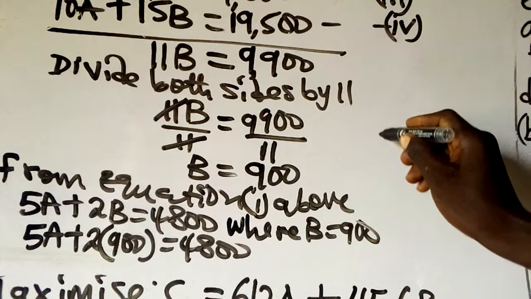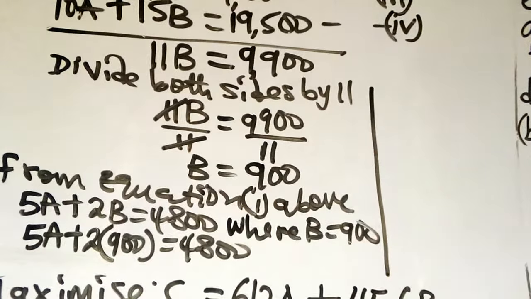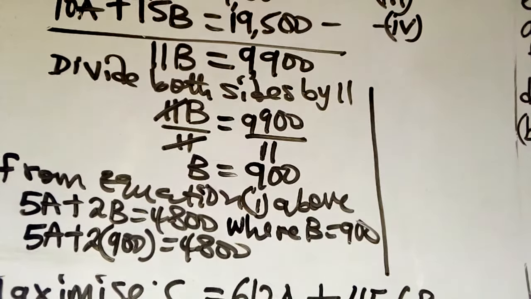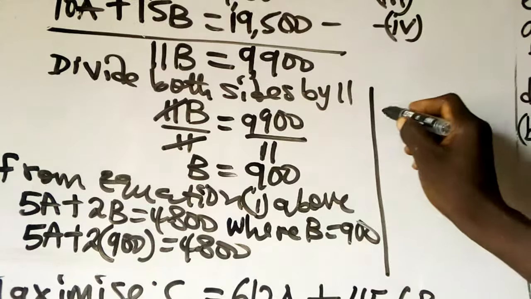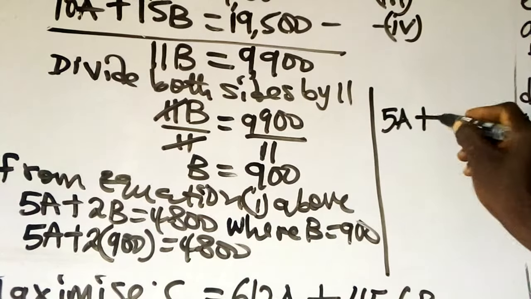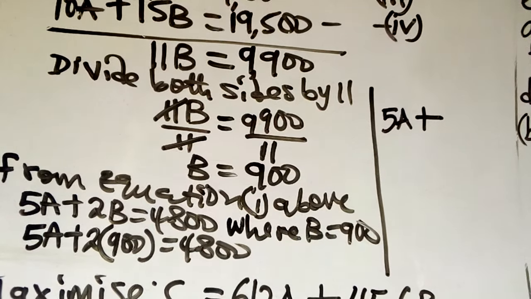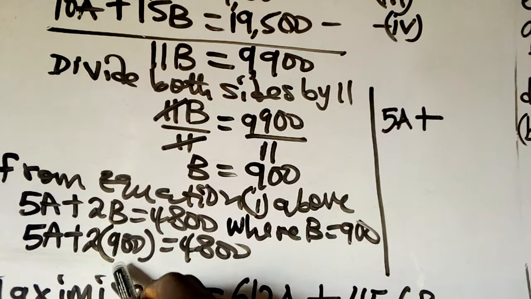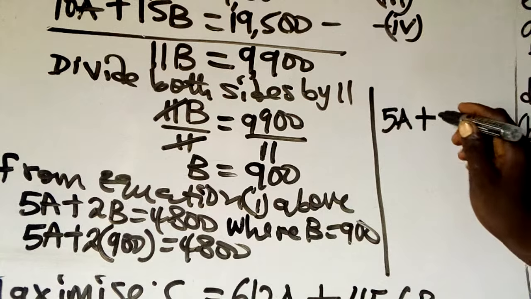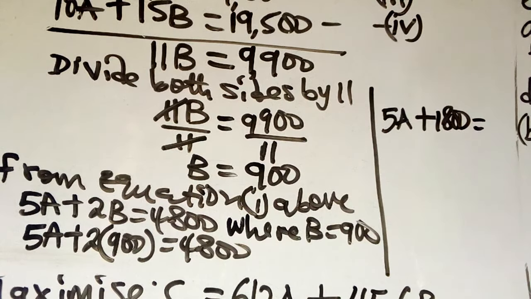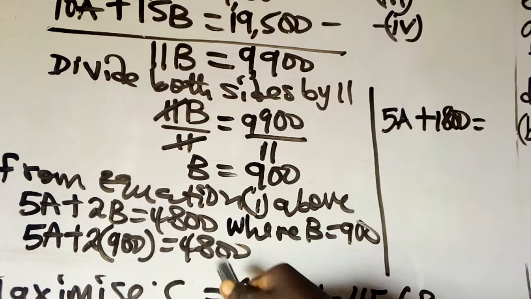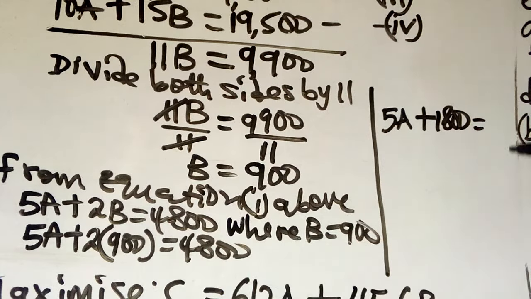5a plus 2 times 900 will be 1,800, so 5a plus 1,800 equals 4,800.